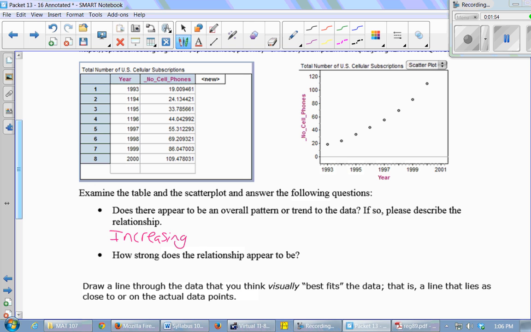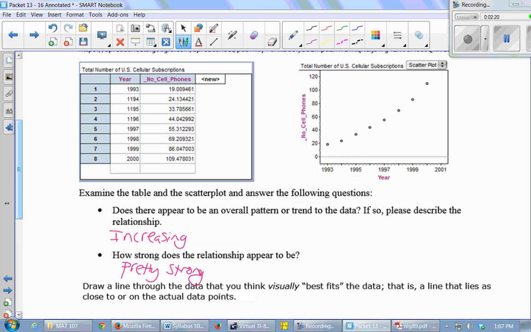How strong does the relationship appear to be? By strong, I mean predictive. Could you predict how many there are going to be in 2001 based off that picture? You could, yeah. Relatively strong. We don't know how far into the future you can predict.